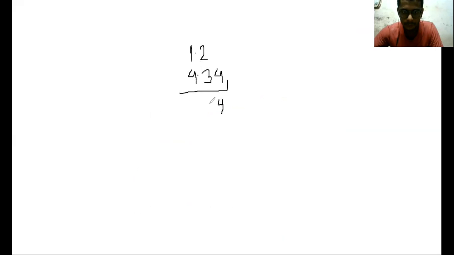I'll be getting 5.54. Whenever we add something, we don't take this, because the smallest decimal place is 1 decimal; 1.2 already has 1 decimal. So we round this off to 1 decimal, that is 5.5. It's not 5.54.